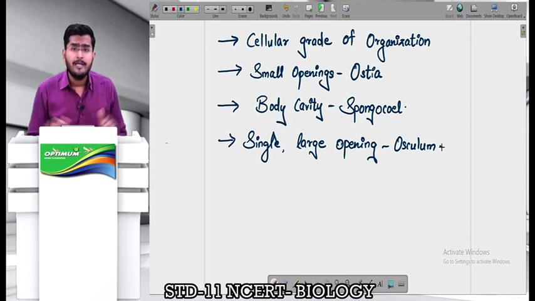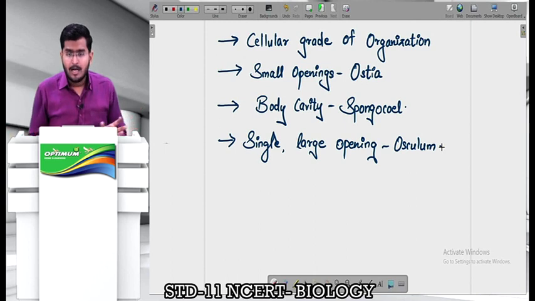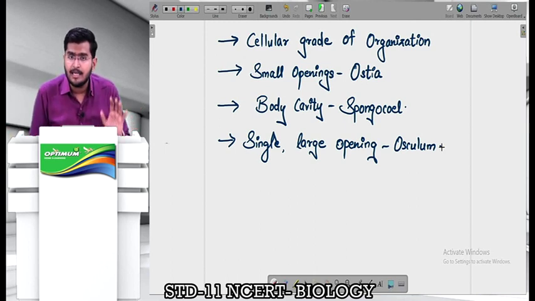Osculum is the opening through which they flush out all the water, and along with the water all the waste materials are given out through the osculum. So all the water and food come in through the small openings called ostia, and along with the water all the waste products are released through one common big opening, which we call osculum.